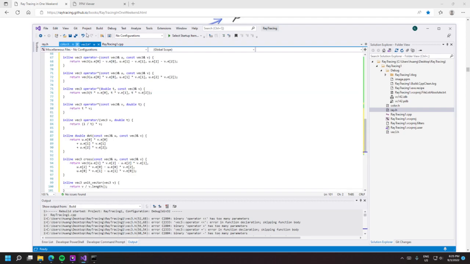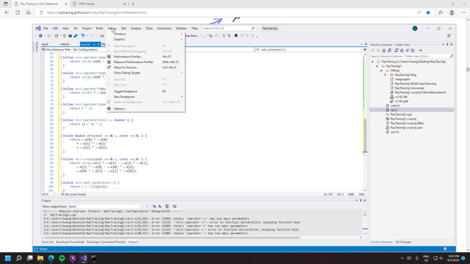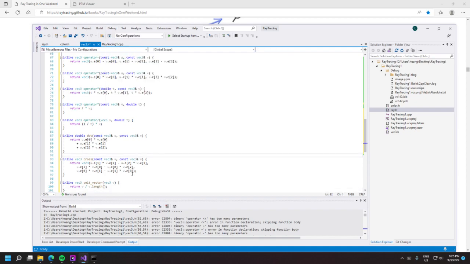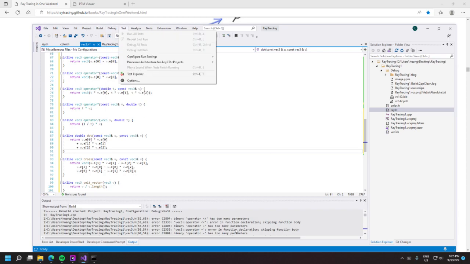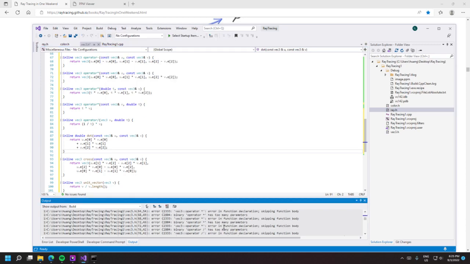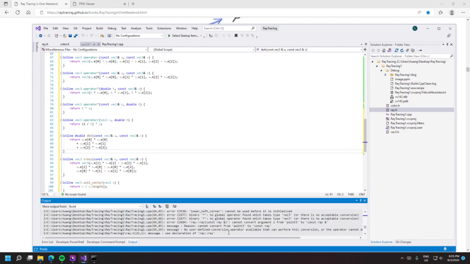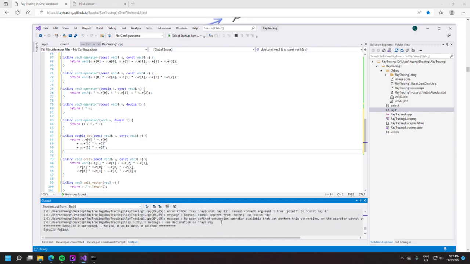I think that's where we went wrong. Okay, so what else? Are all of them on raytracing.cpp? Cannot convert.